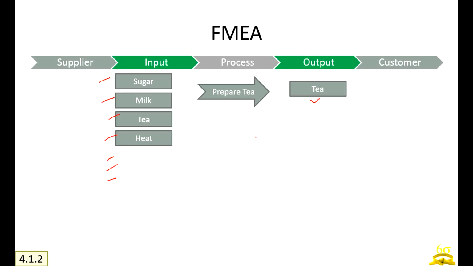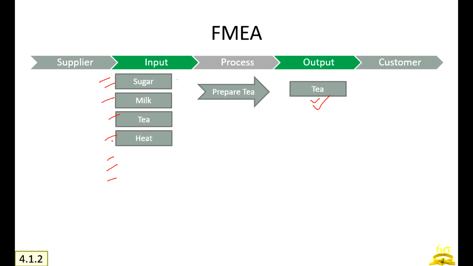Now if we think from a restaurant environment, or where we go to have coffee, tea or something, right? There we can say, from the customer side, if the tea is not good, then one of these inputs was not good, right? Either the sugar was less or sugar was high, the quality of the milk was not good, the tea was different than the normal tea they are using, the heat was less or the heat was very high, so it burnt.